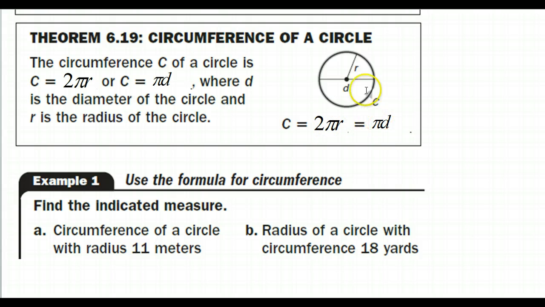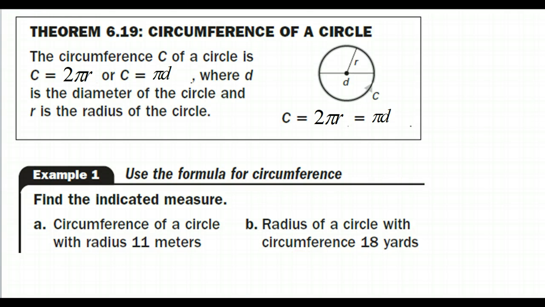Since a diameter is just 2 radii, you see the 2r here in the formula. So it makes sense that another way I could write the circumference formula is pi d. If you're given the diameter, we'll use this formula: circumference is pi d. If we're given only the radius, then we'll use this formula: circumference is 2 pi r. But they both mean the same thing.